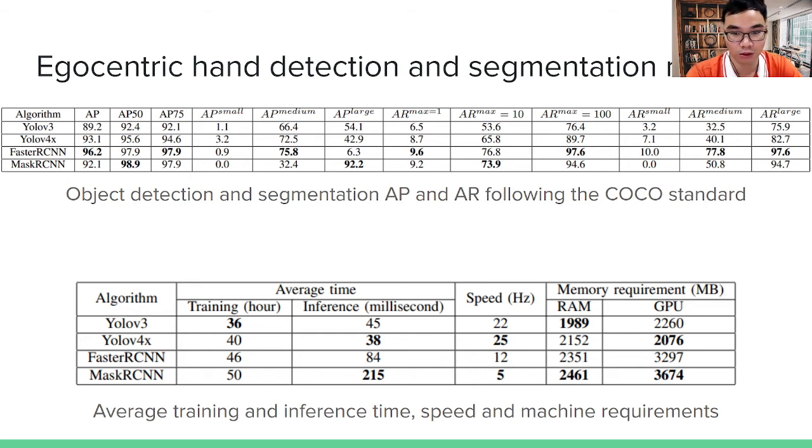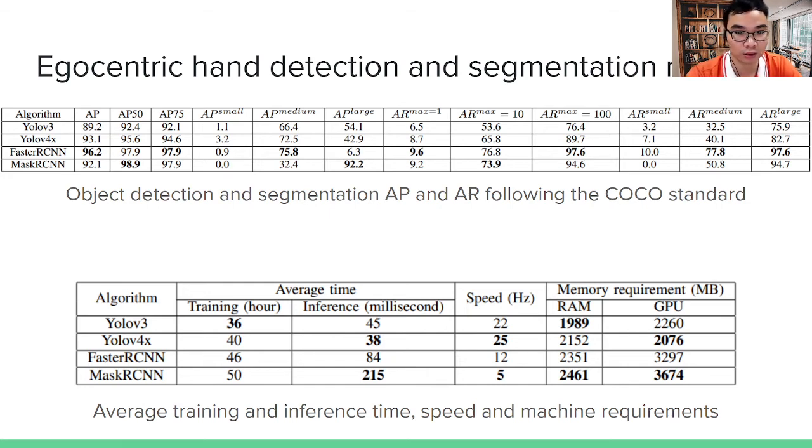96%. YOLO version 4 gives a remarkable performance with 95 average precision and 72 average precision medium. YOLO version 3 adapts well in predicting large hands.